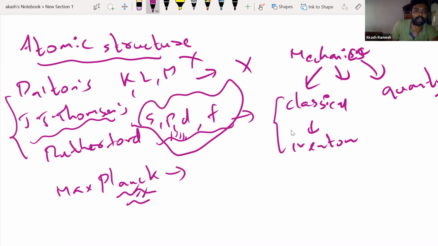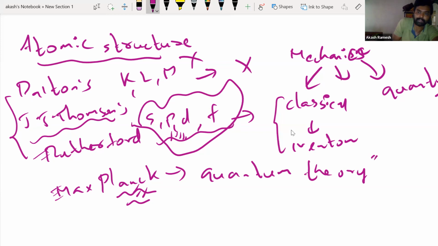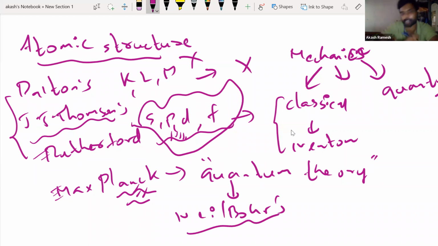Anyways, after Rutherford, we'll study about Max Planck. It's called Planck's quantum theory. From this only, again a revolution happened, and that's where Niels Bohr came, with Bohr's atomic model.